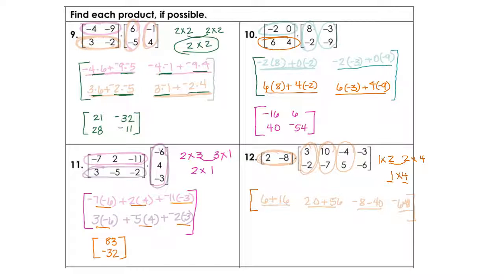Okay, now let's put all of that together. And you're going to have 22, 76, negative 48, and positive 42. And again, notice you got a 1 by 4.